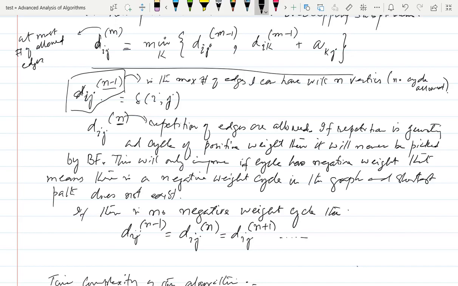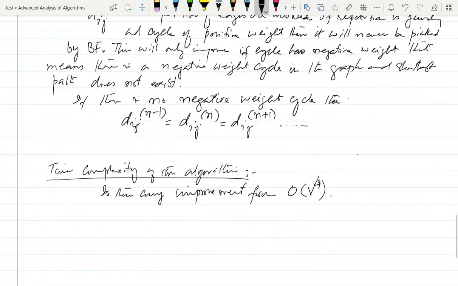So keep that in mind. So whenever we are talking about from n minus 1 onwards, that means we are talking about some repetition of edges. We are saying, okay, you can repeat one edge, you can repeat two edges, you can repeat three edges. So in that case, if we are allowing that, we can always find a better path by not using it if it is generating a positive value in the shortest path.